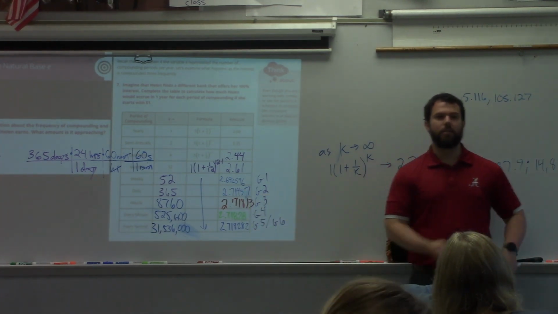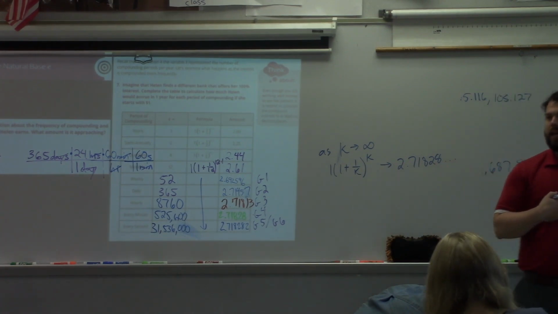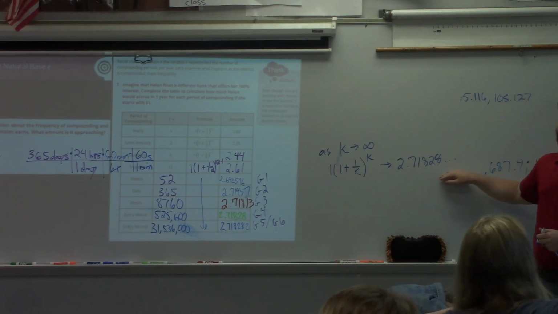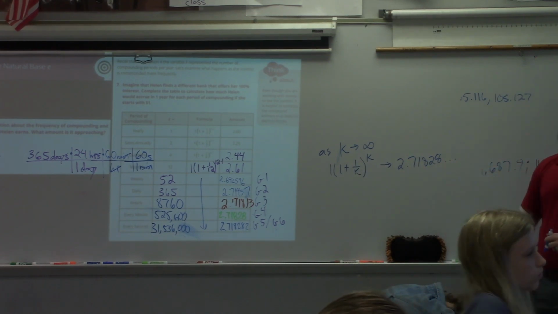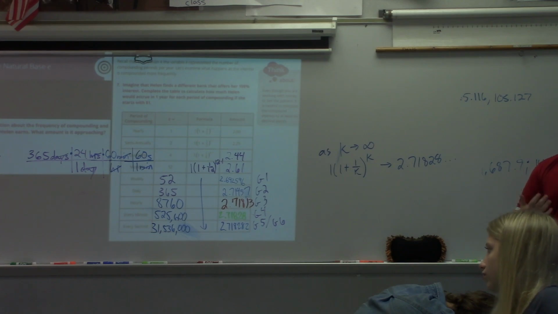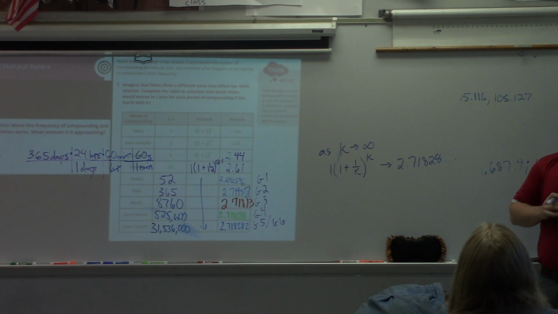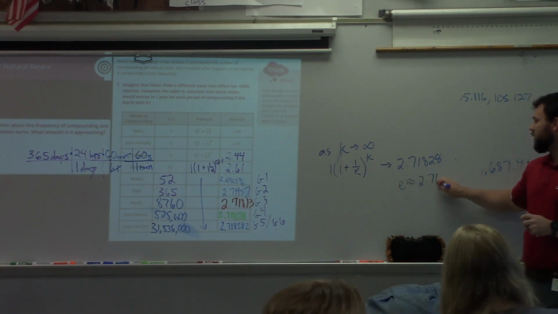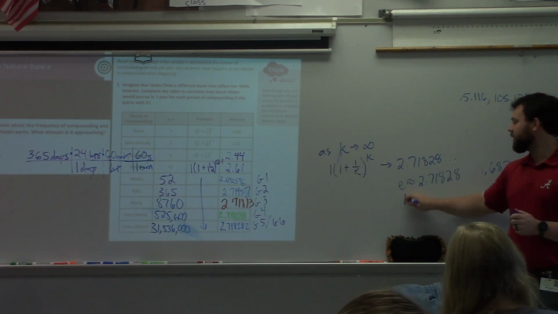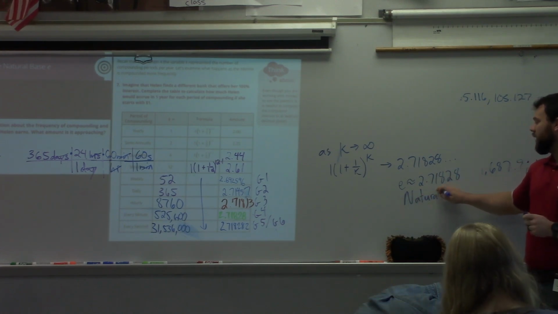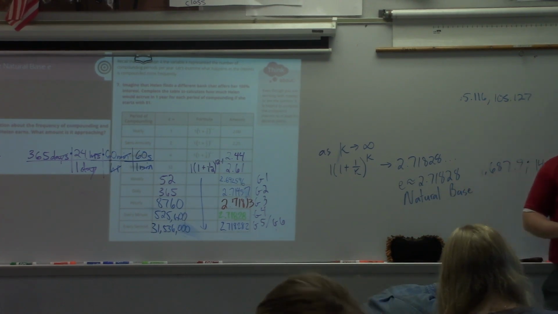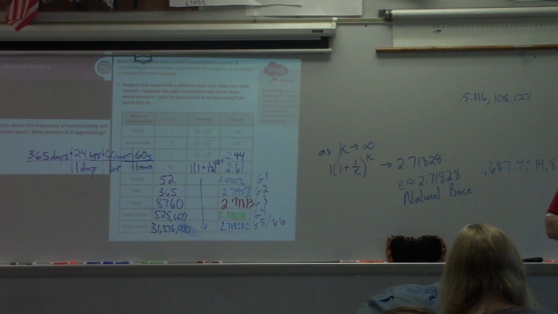You're asking, why do we get the same answer? We get the same answer because as k approaches infinity, this expression approaches a limiting factor. Because Leonard Euler was the first one to really define it and come up with it, he got to name it. And you know what symbol he used? E. This is the number E. This is known as the natural base, because if you study nature, this base E is throughout nature, time and time again.